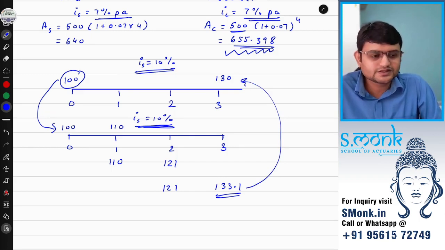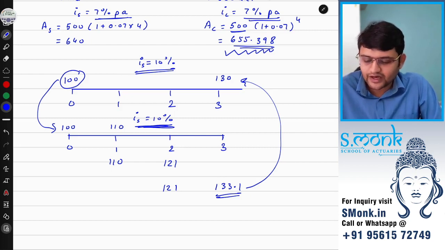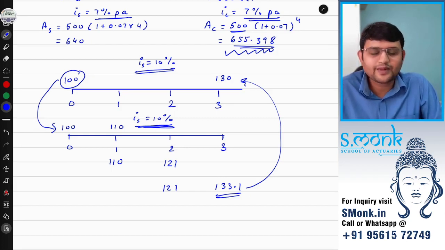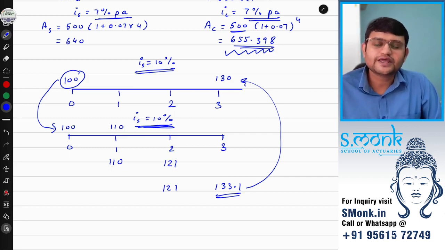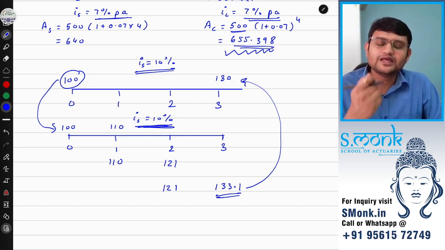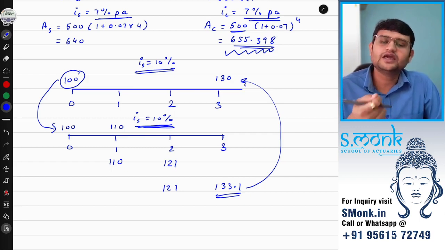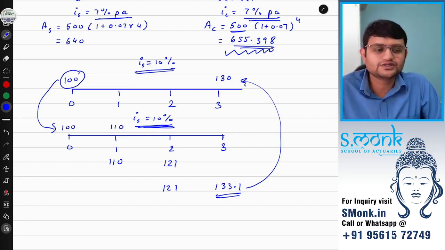Does that make sense? Now you would say, why would I not just do the same thing? Why am I giving a loan for 3 years? I will give a loan only for 1 year. If you want the loan for 3 years, return me the money after 1 year and then take the loan back at that same time.